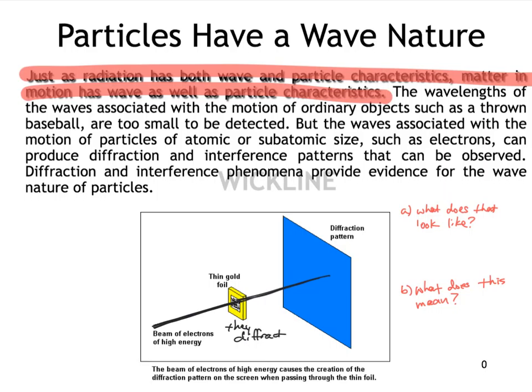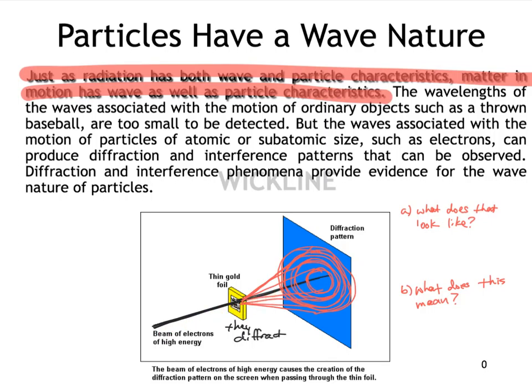So it looks something like this. So basically it makes these circular patterns on the field behind the foil. And if you wanted to know why that's weird or why that's not what's expected, just imagine that if electrons really were particles, just particles, then they would behave like baseballs would behave. And if you were throwing baseballs at the foil and they were able to pass through, then they would just strike the screen all in the same place, just like that.